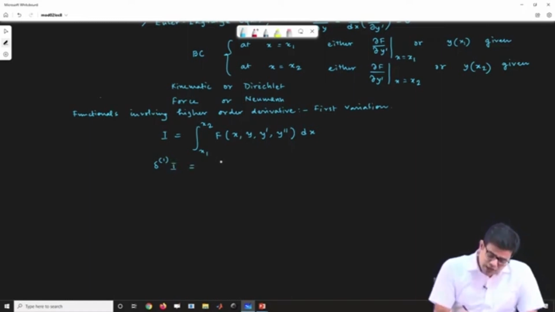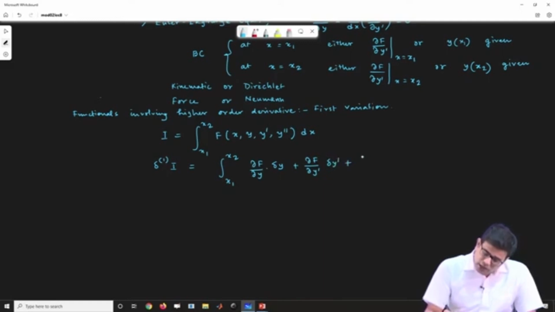The first variation looks like this: dou f by dou y into delta y, plus dou f by dou y prime delta y prime, plus dou f by dou y double prime delta y double prime.